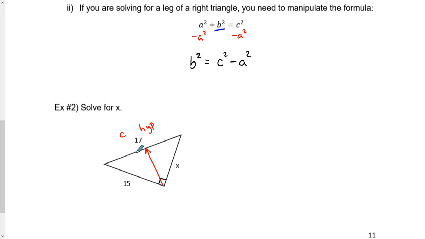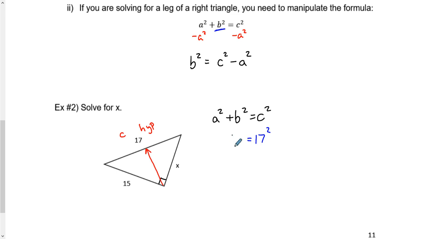And in this one, our c value is 17. So if we use our Pythagorean theorem, a squared plus b squared equals c squared, and we're going to show you the other way too, our c is 17. So I'm going to put that 17 right in there.